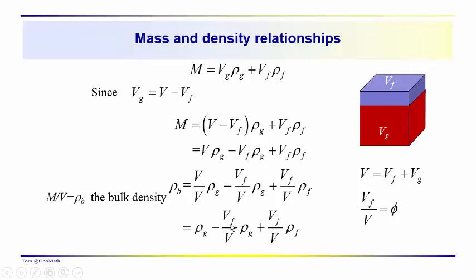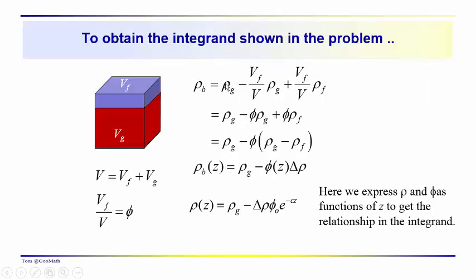So we can replace it with phi: minus phi times rho sub G plus phi times rho sub F. And that's exactly what we do over here.